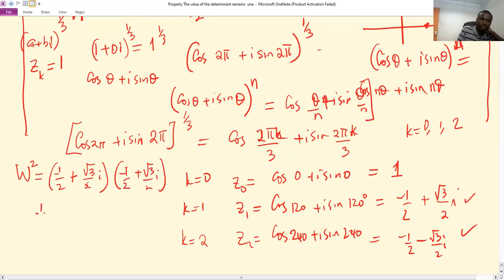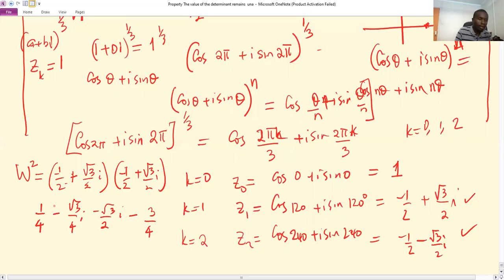This will give us 1 over 4, minus root 3 over 4 i, plus minus root 3 over 4 i, and then minus, because i times i is negative 1.